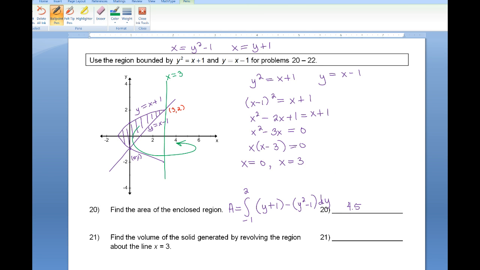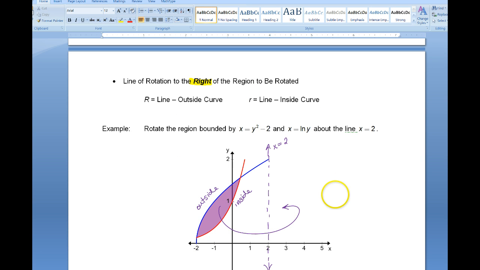If you recall, we did this worksheet where we summed up what happens when you revolve a region. It's not about the x or the y-axis. Here's an example that we did. The line of rotation is to the right of the region to be rotated. So in this case, we're going to be taking the line minus the outside curve, or the line minus the inside curve.